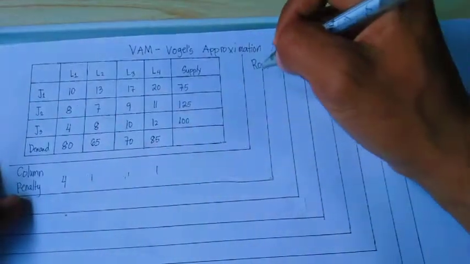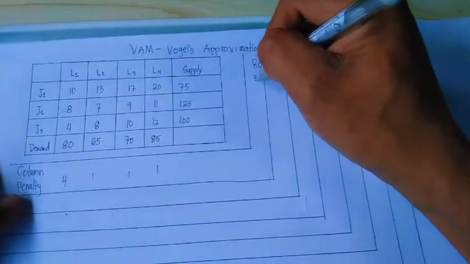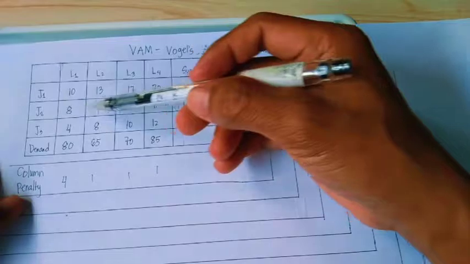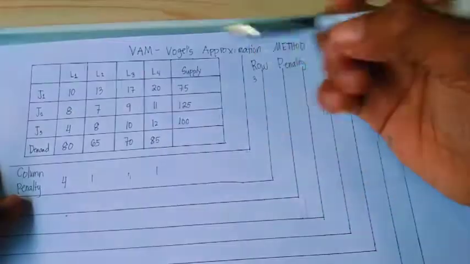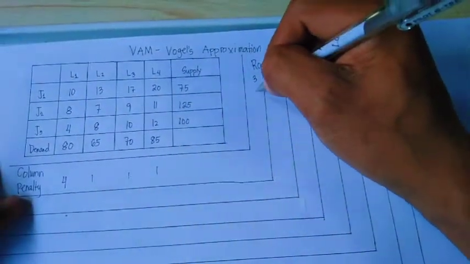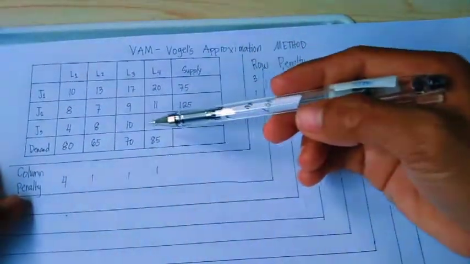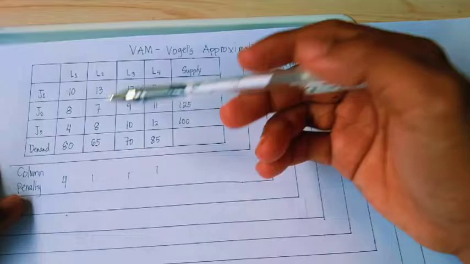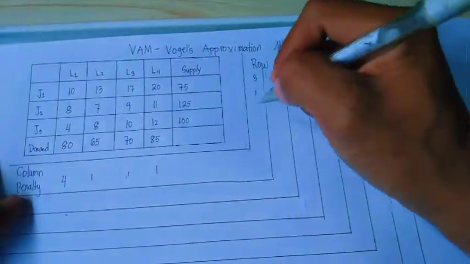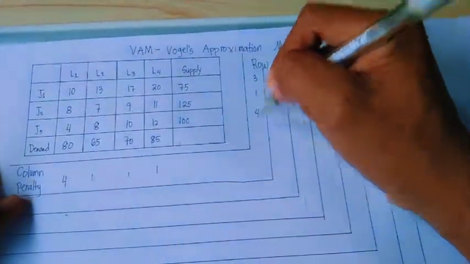So 13 minus 10 is equal to 3. In this column, the least elements are 8 and 7. So 8 minus 7 is 1. And then in this column, the 8 and 4, so it's equal to 4.